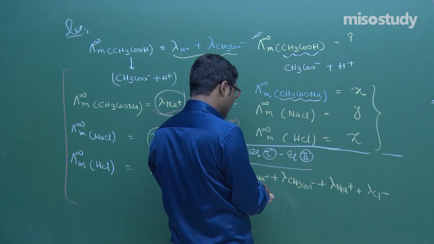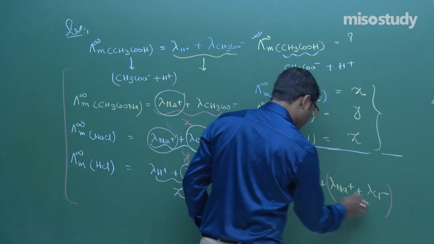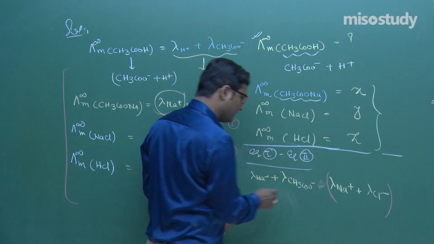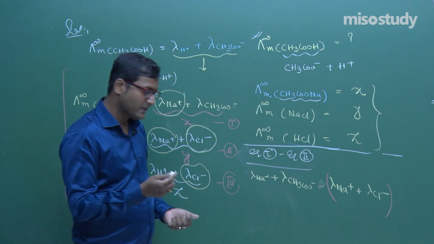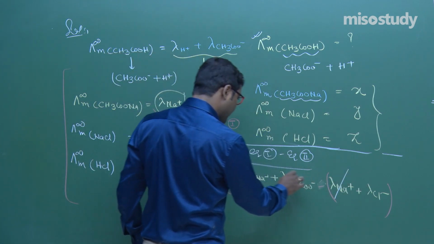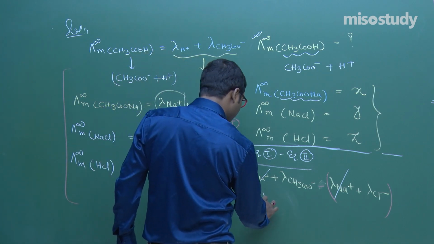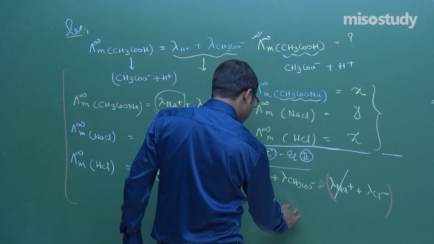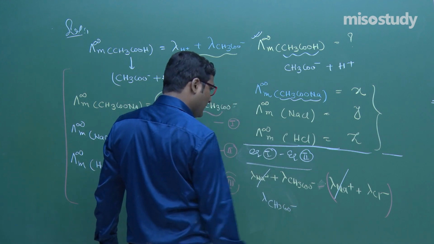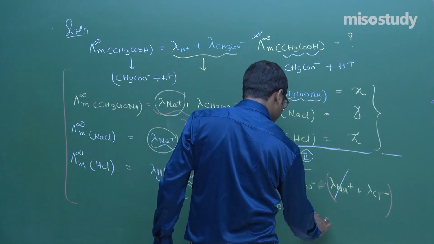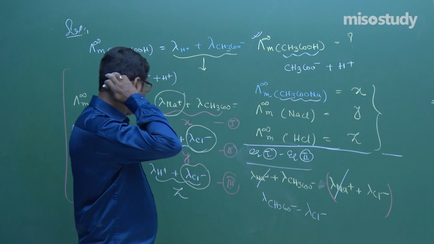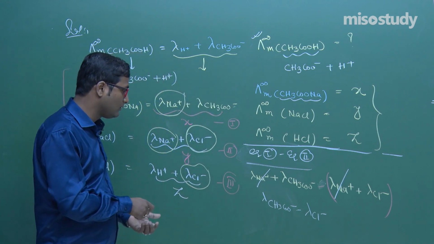There is a subtraction, so put a minus sign here. Now if I put a minus sign, then this will cancel this one. Now we get lambda CH3COO minus and lambda Cl minus. Am I right, my friend? Yes sir, you are absolutely right.